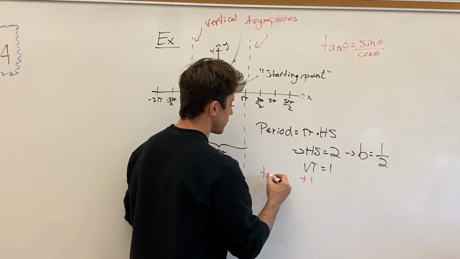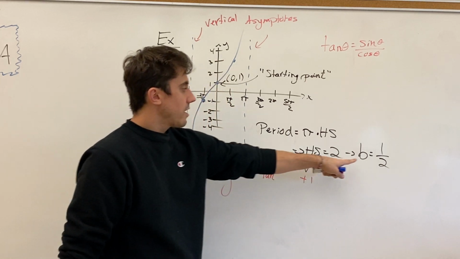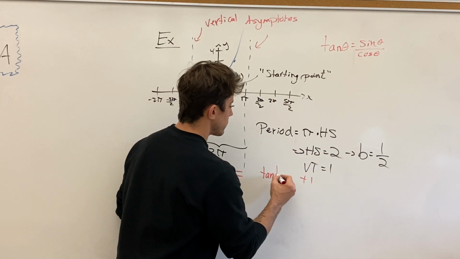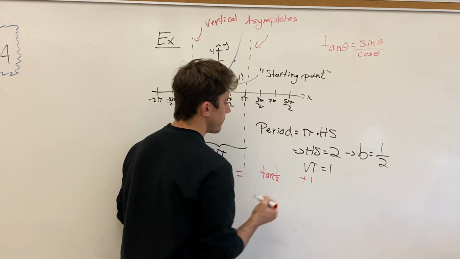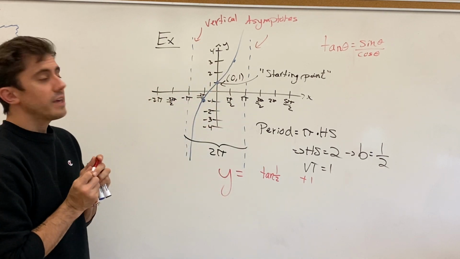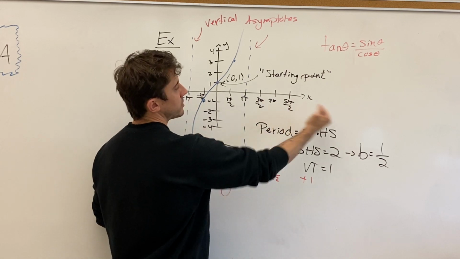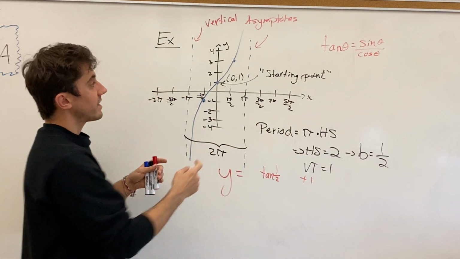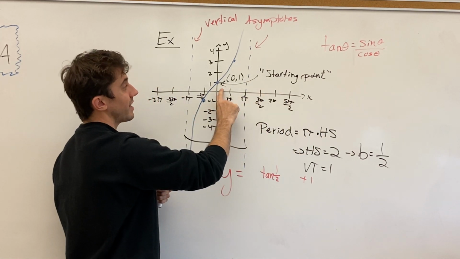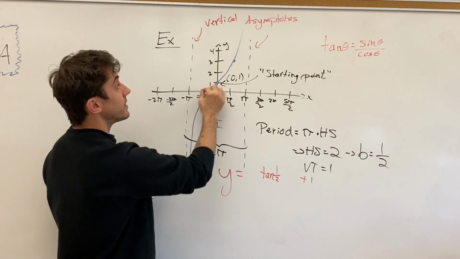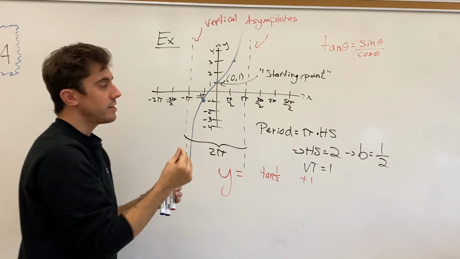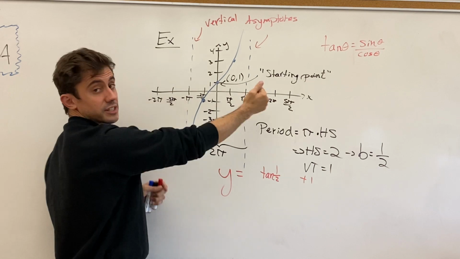This is a tan function. And so we have tan of, our b value is 1/2. So we know it's going to be tan of 1/2. And now, do we have any horizontal translation? That is, any translation in the x direction. And again, if we look at our starting point at (0, 1), which is the middle of this kind of curving region, we can see that it's not shifted right or left.